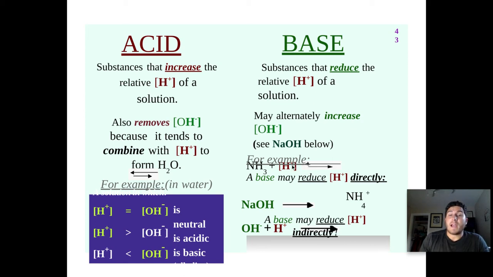If you remove the hydrogens, that means you have more hydroxides, and it becomes more basic. Those are the four ways you can do it. Bottom line is this: if you have more hydrogens than hydroxides, you're typically acidic. If you have more hydroxides than hydrogens, you're going to be basic. Things to keep in mind.